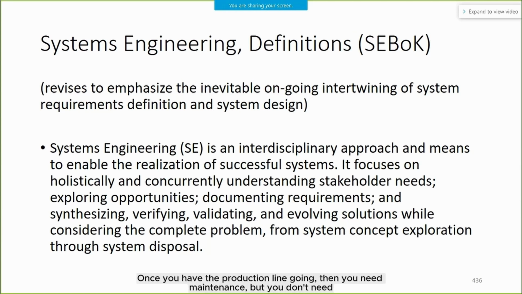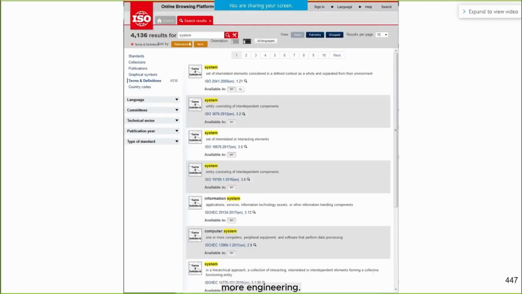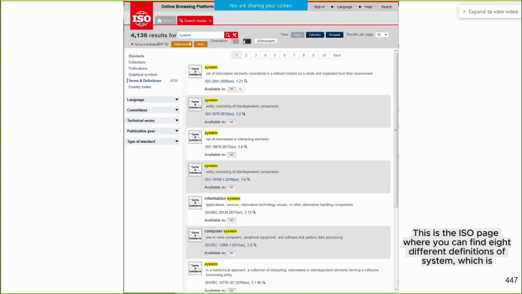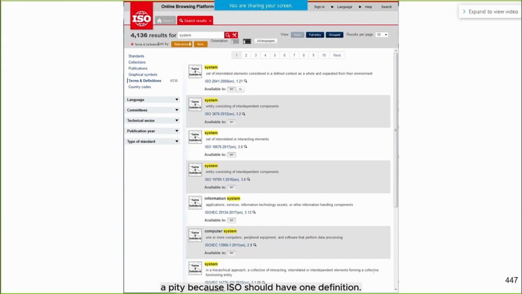Once you have the production line going, then you need maintenance, but you don't need more engineering. This is the ISO page where you can find 8 different definitions of system, which is a pity because ISO should have one definition. That's the whole point of having an international standard.